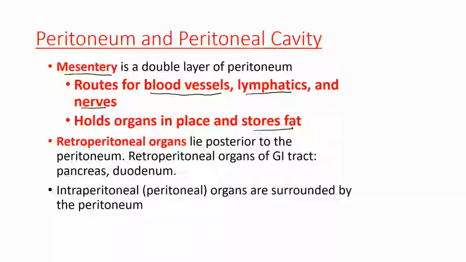A few organs within the abdominopelvic cavity are not covered by peritoneal membranes. These organs are called retroperitoneal organs. Retroperitoneal organs of the gastrointestinal tract are the pancreas and the duodenum.